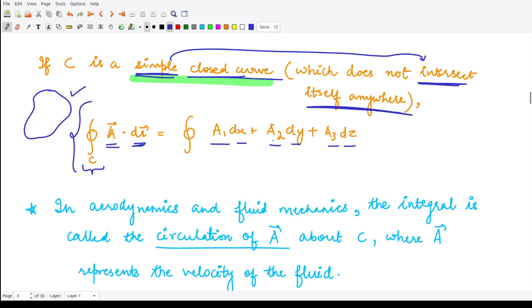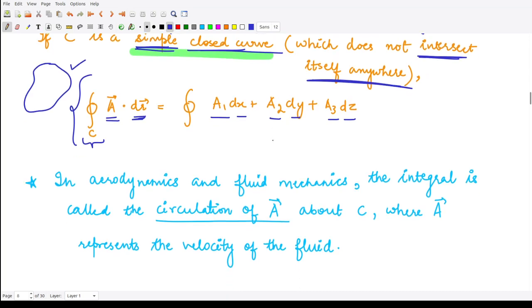Moreover, physically, in certain applications, for example in aerodynamics or fluid mechanics, this line integral represents the circulation of vector A about C, where vector A represents the velocity of the fluid. Suppose an aeroplane is moving in the sky.